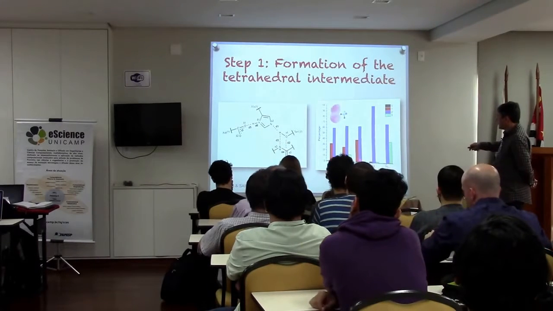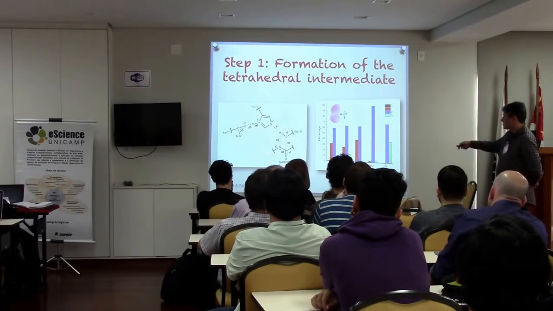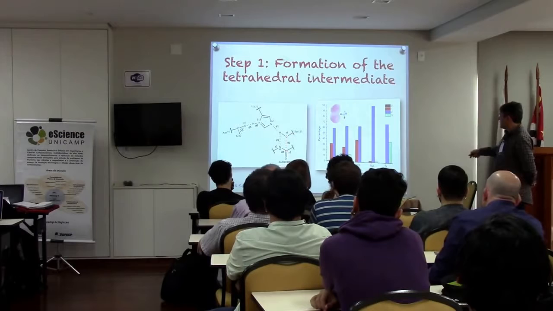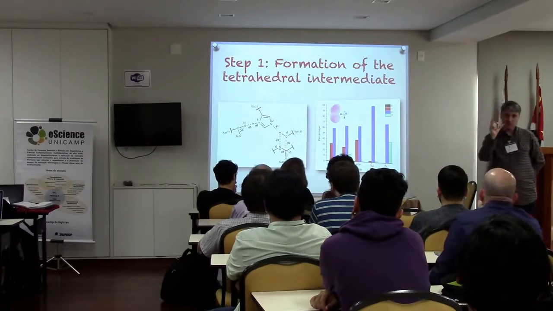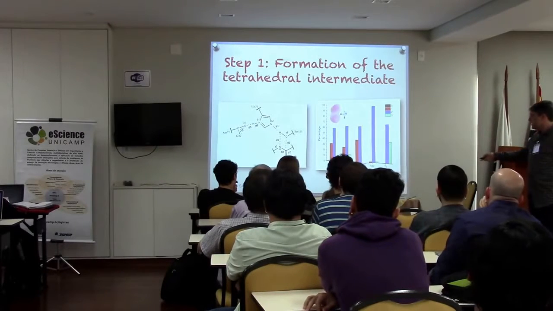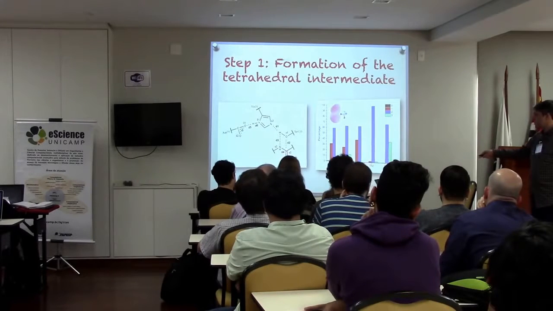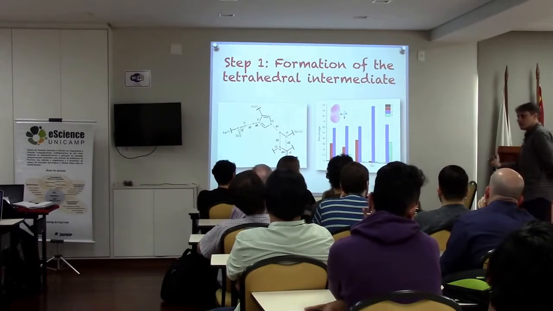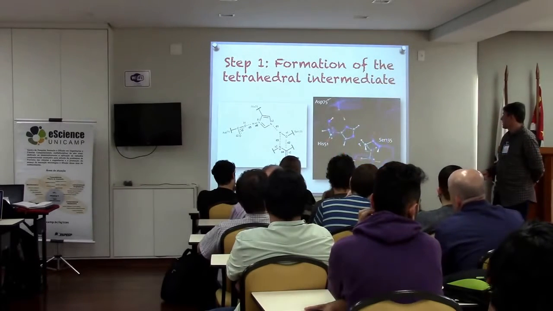And then as you go and you form the transition state, so this thing is getting closer, you suddenly have a jump of two water molecules, always at least two water molecules present around the oxygen. And when you form the intermediate that has a negative charge here, now you have even three water molecules around the oxygen. So the oxyanion hole in this one is formed by water. It's doing the work there.